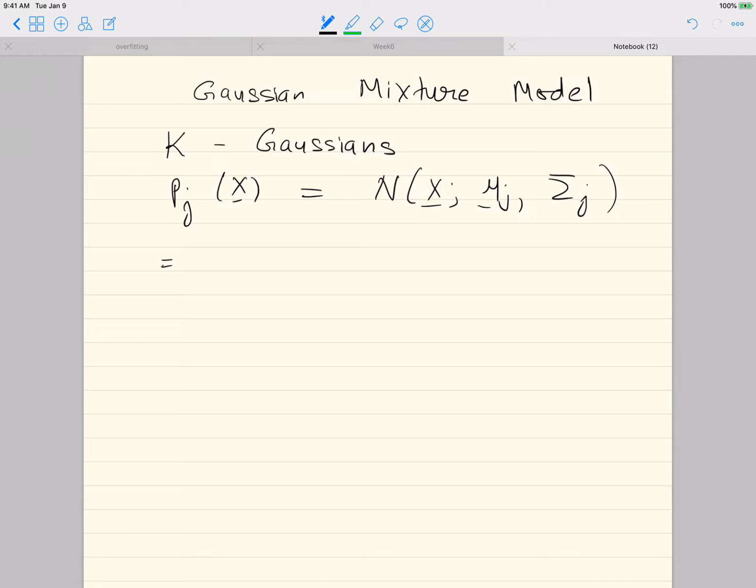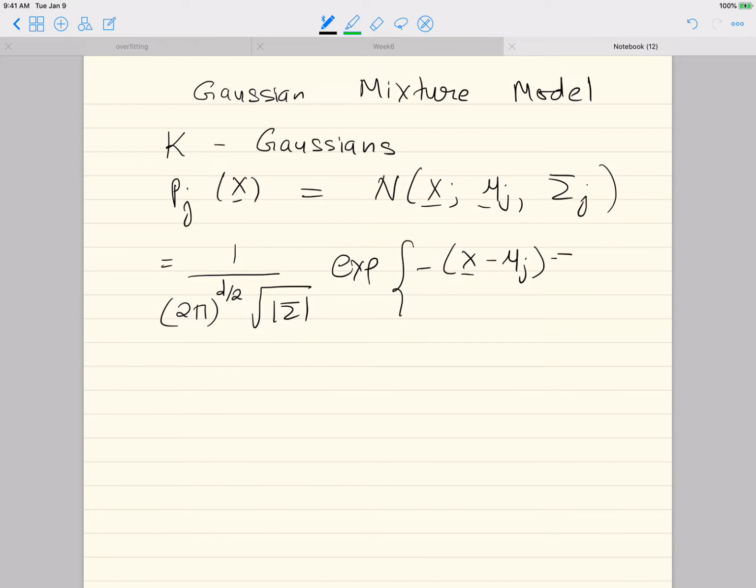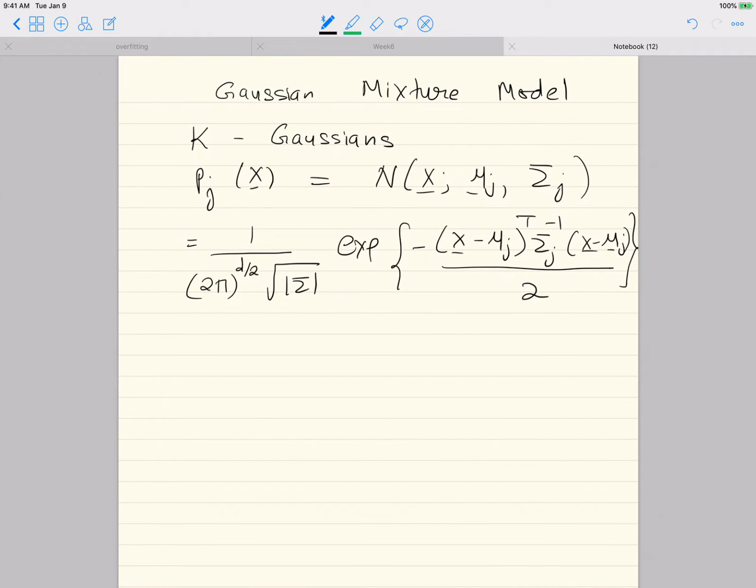And we showed that, or at least I told you that, the formula here is 1 by (2 pi) raised to d by 2 times the square root of the determinant of sigma, times exp of minus (x minus mu j) transpose sigma j inverse (x minus mu j) divided by 2. Now the Gaussian mixture model is p hat of x, which is some weighted sum of pj of x.